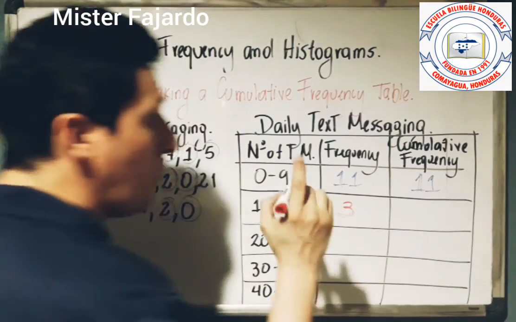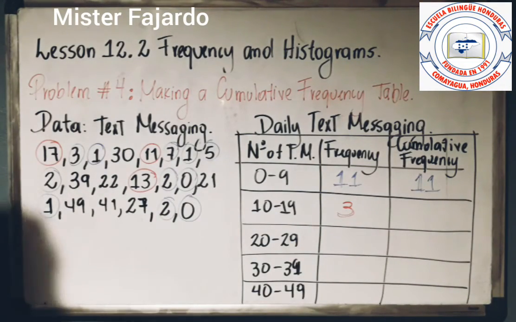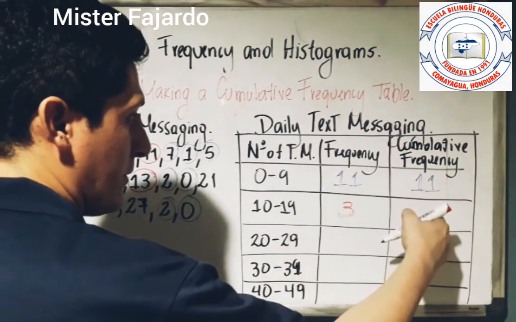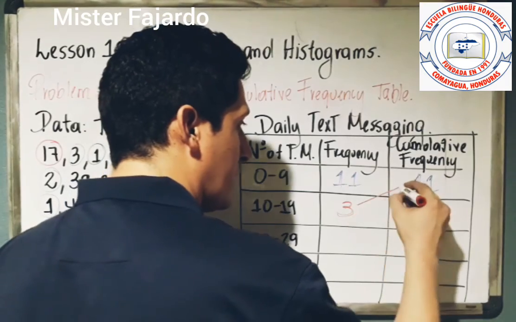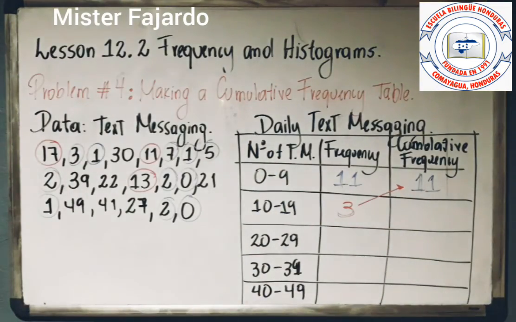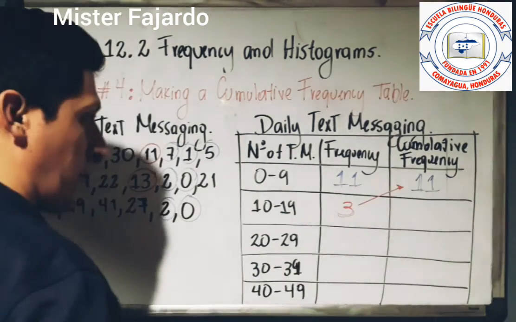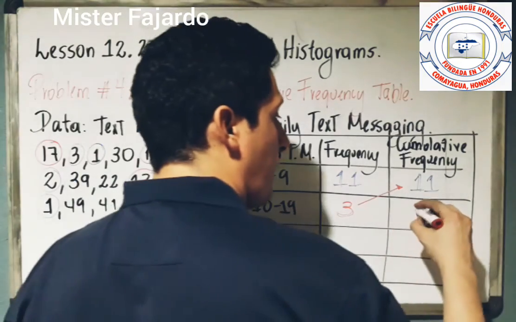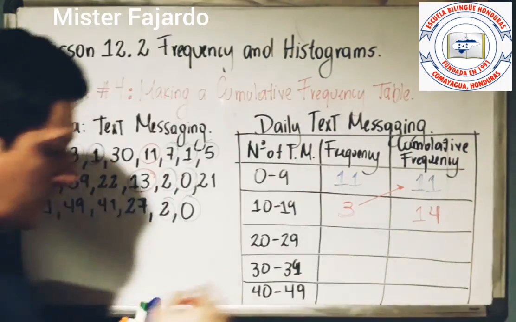And in the cumulative frequency table, you need to add that value with the previous value, 11, and you are going to have the total of messages so far. That is going to be 14, because 11 added to 3 is equal to 14.